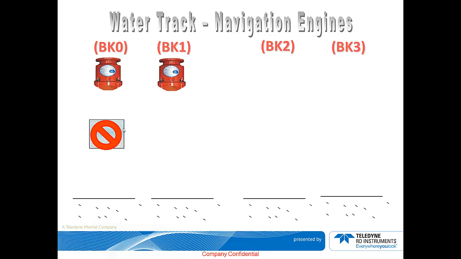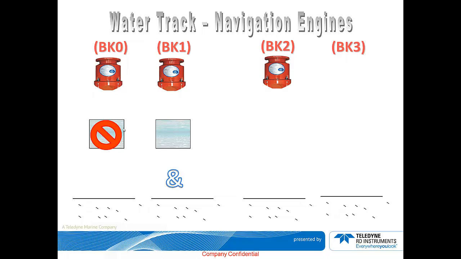With BK1, we're telling the DVL that we want to perform both water tracking and bottom tracking all the time, regardless if we have a good or bad bottom detection.